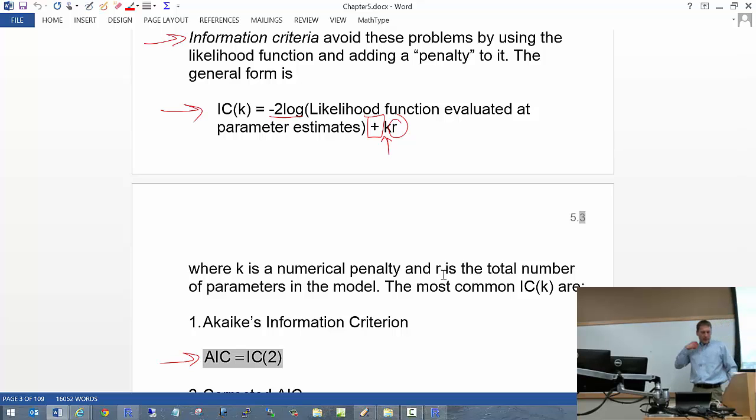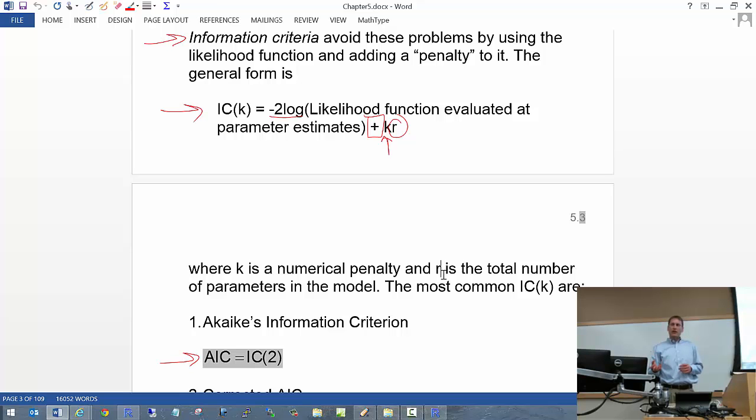Okay, we left off about page 5.2, 5.3 in the notes. What we were talking about was ways that we can determine what explanatory variables should be in our model. And the primary tool that we're going to use for that is something called an information criteria. This information criteria is based upon your log likelihood function, evaluated at the parameter estimates.